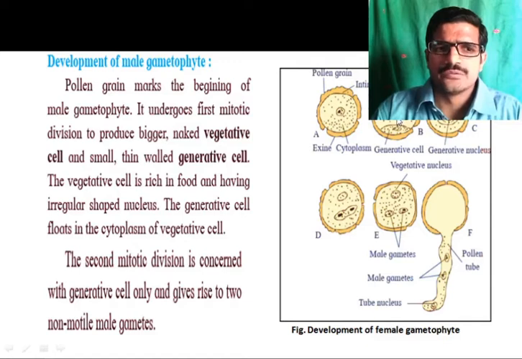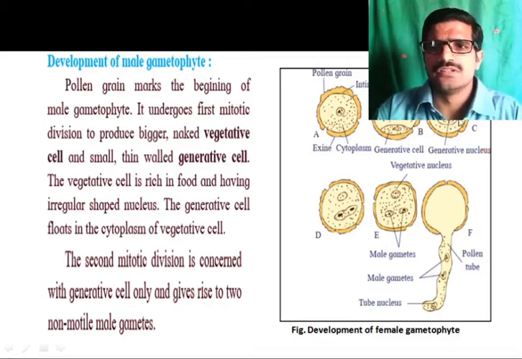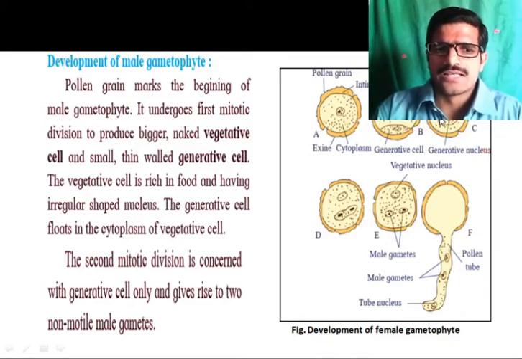The generative cell floats in the cytoplasm of the vegetative cell. The second mitotic division takes place with this generative cell only, and it gives rise to male gametes.